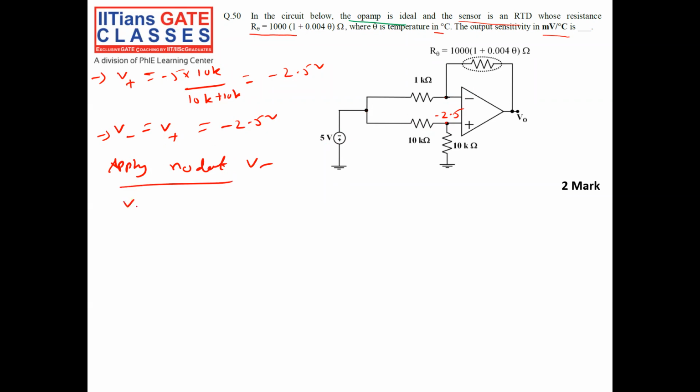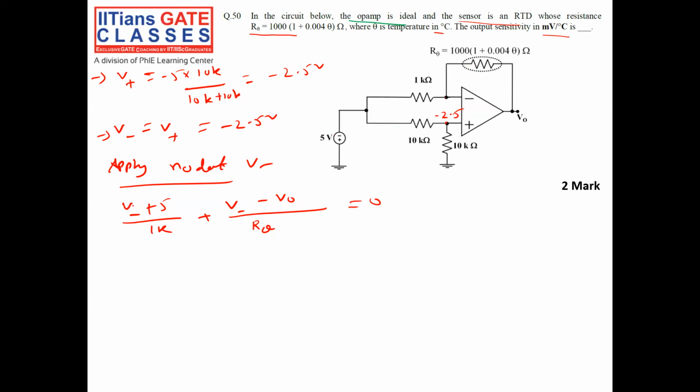So I got P negative minus 5, meaning plus 5, by 1k, plus (P negative minus V0) divided by R theta equal to 0.